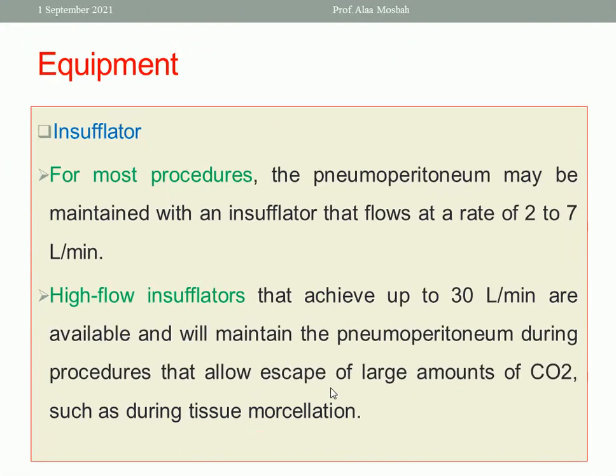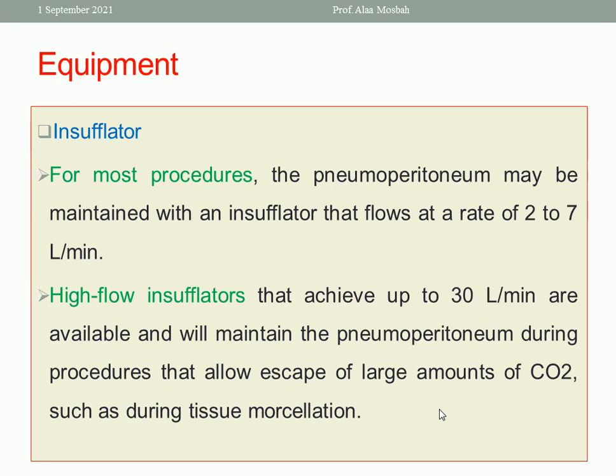What about the insufflator? For most procedures, the pneumoperitoneum may be maintained with an insufflator that flows at a rate of 2 to 7 liters per minute. High flow insufflators achieving up to 30 liters per minute are available and will maintain the pneumoperitoneum during procedures that allow escape of a large amount of CO2, such as tissue morcellation.